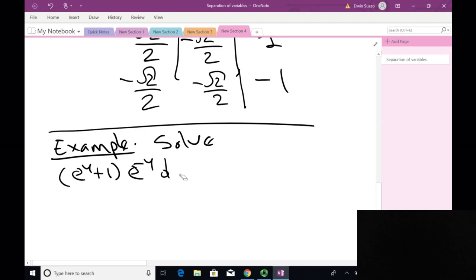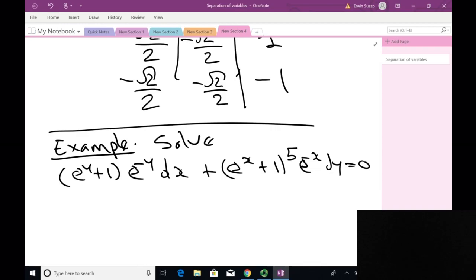Sorry, this is dx, plus (e^x + 1)^5 e^(-x) dy equals 0. Okay, so doing separation of variables, we can do the following.